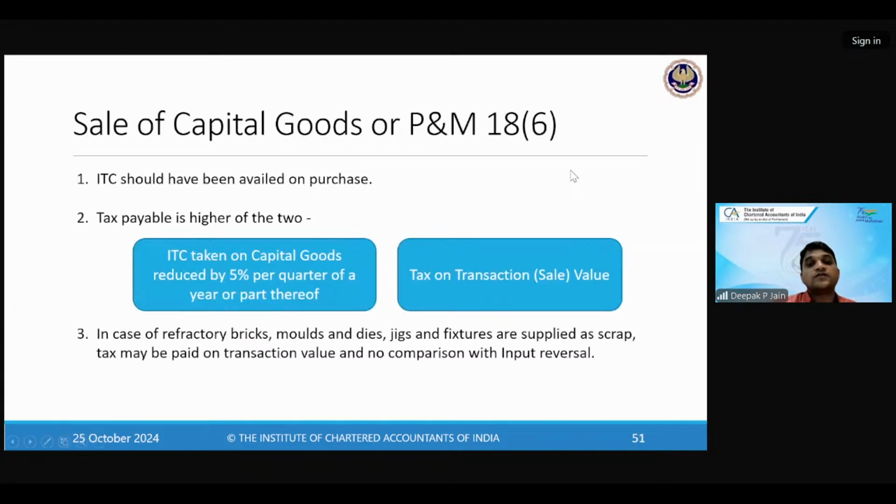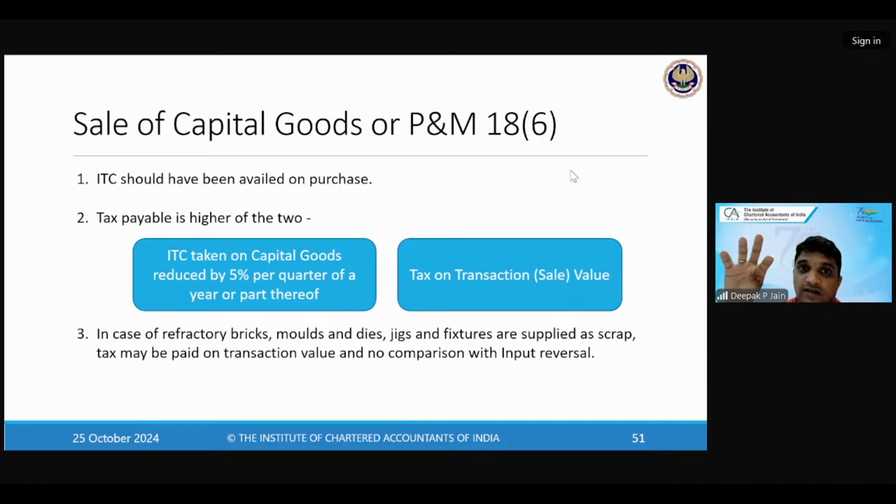What happens in case of sale of capital goods? Now, on capital goods, you will get the full credit. But are you using the capital goods as fast as raw materials? No. Capital goods or fixed assets are there for a longer duration. In the Income Tax Act and the Companies Act, the life of the asset is defined. But in GST, you do not have different lives for different assets.